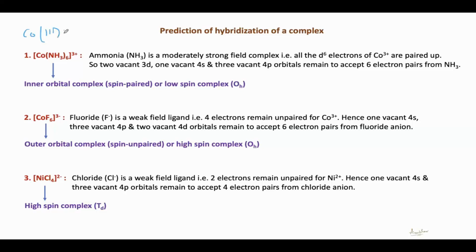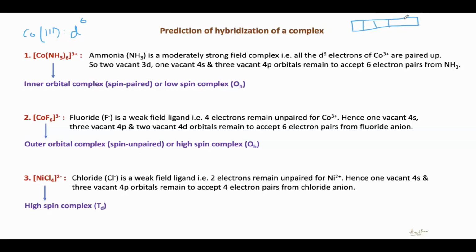Cobalt 3 plus has the electronic configuration d6. To be precise, this is actually 3d6. Now, if we write the electronic configuration of 6 d electrons in the 5 d orbitals, we will have this kind of scenario.